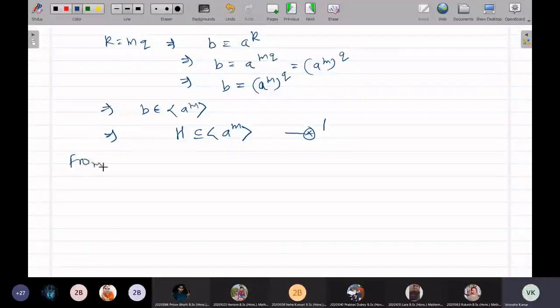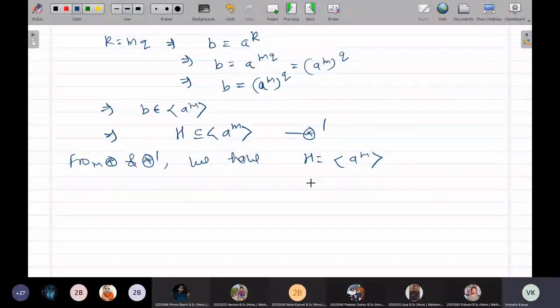So from star and star dash, we have H equals the group generated by a raised to power m. And please do remember that m is the smallest number such that a raised to power m belongs to H. So this should be remembered.